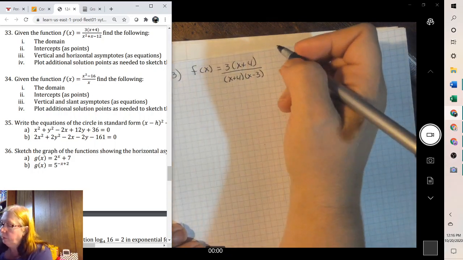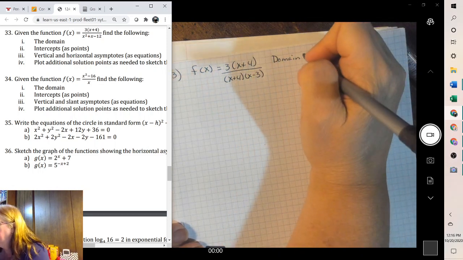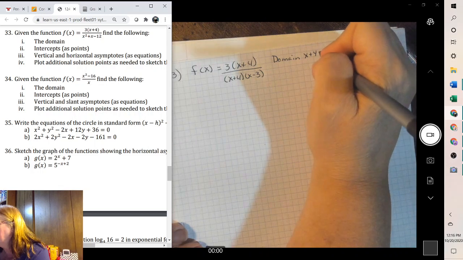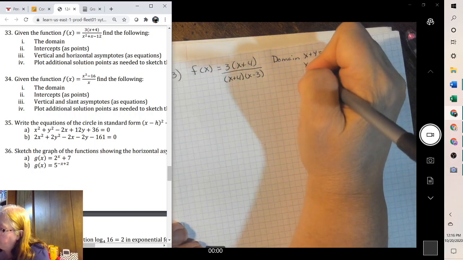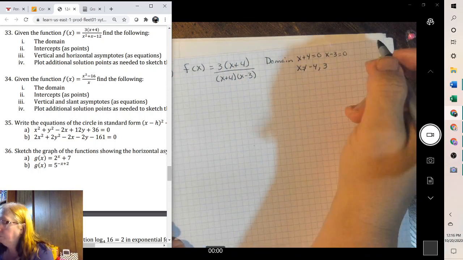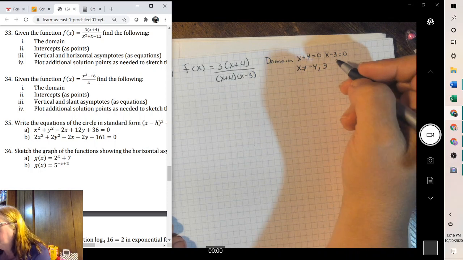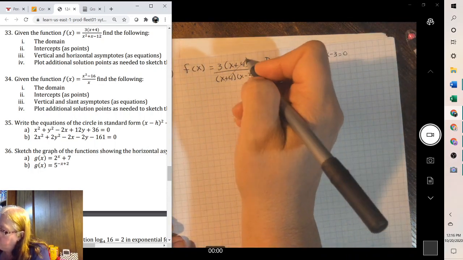First thing we find is the domain. Setting the bottom equal to 0, we get x cannot equal a -4 and a +3. So these are either vertical asymptotes or open circles. Notice that these cancel.